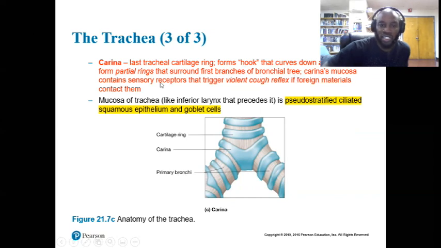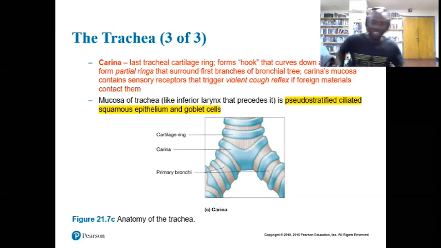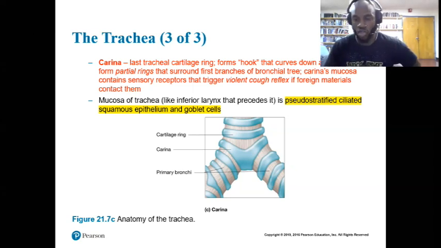The carina's mucosa contains sensory receptors that trigger a violent cough reflex if foreign materials contact them. So if you breathe in and something doesn't get caught in your nose hair, doesn't get caught in your pseudostratified ciliated epithelium with the mucosa, the mucus around it, and doesn't pass into the esophagus and go into your stomach, if it still gets into your trachea and gets down to your carina, that's when you get that cough.